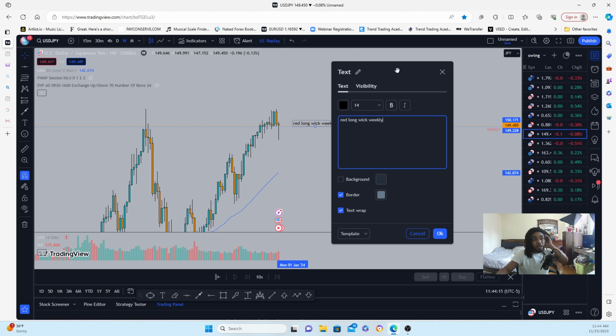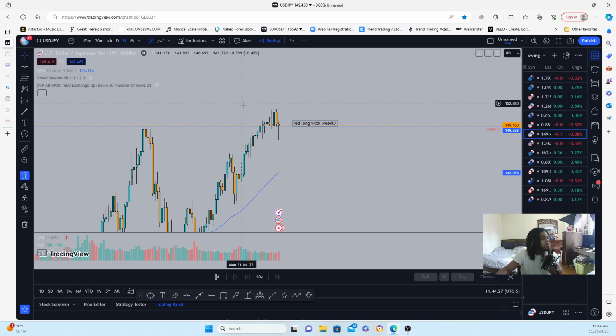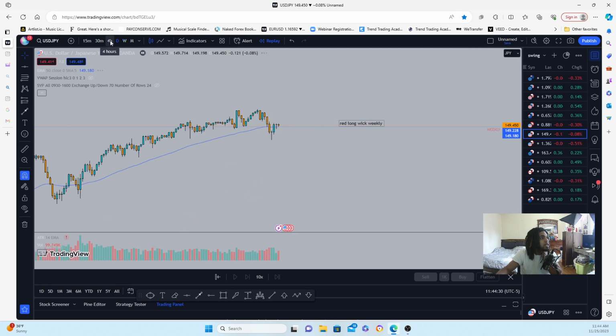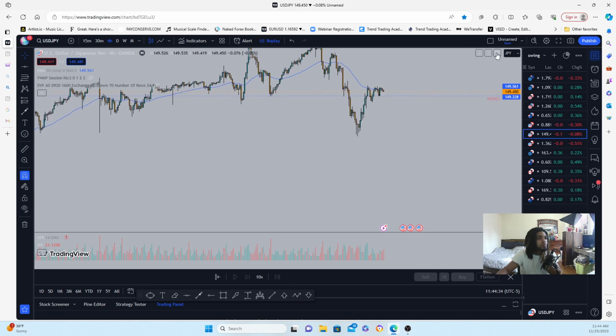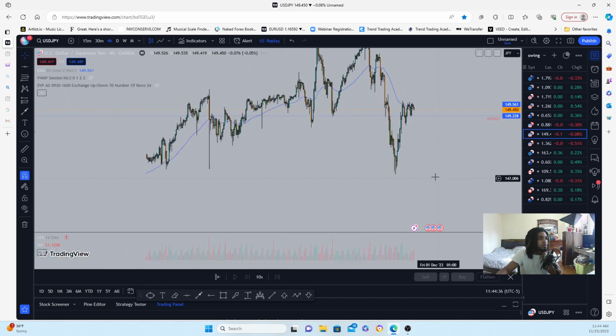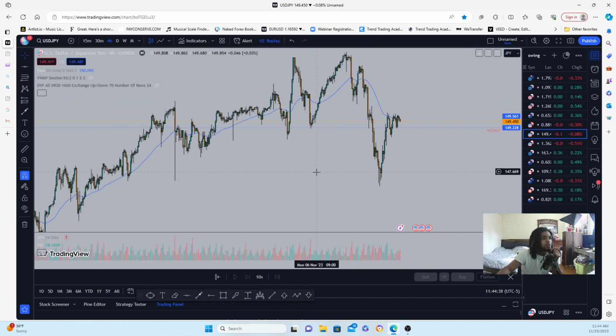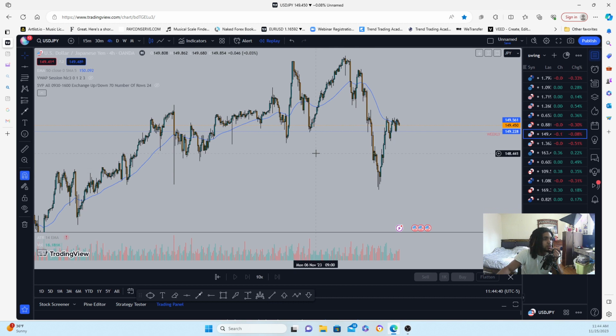Just so I know in my head that it's a long wick going to the downside. So watch out. I'm gonna go down to the 4 hour. Let's see what we're looking at right now.